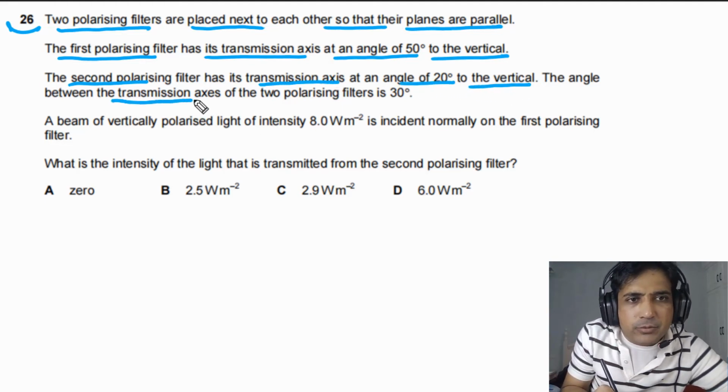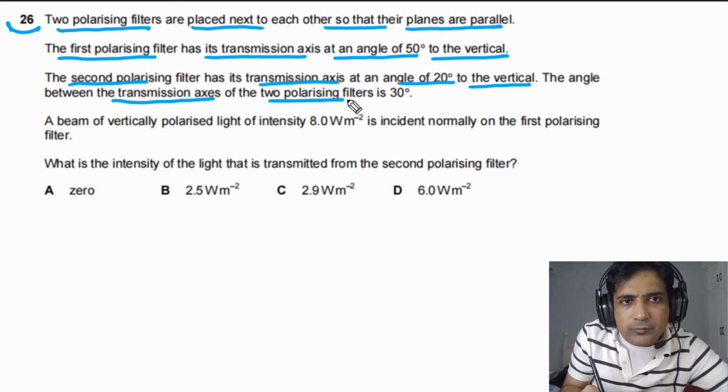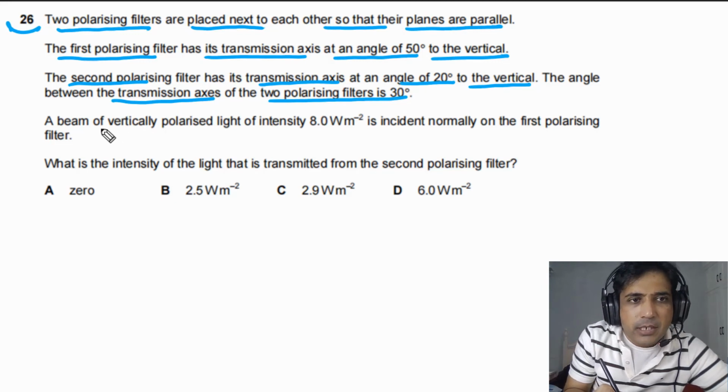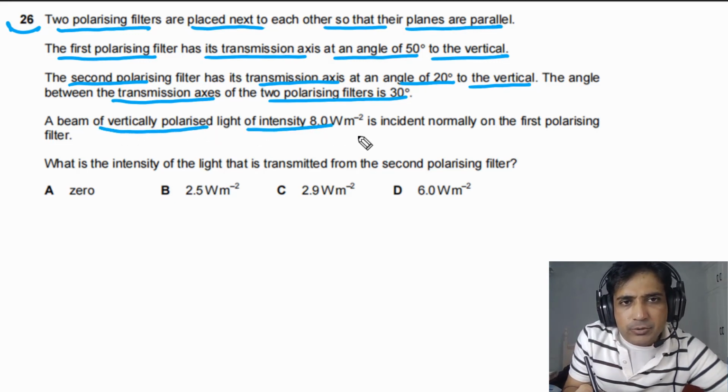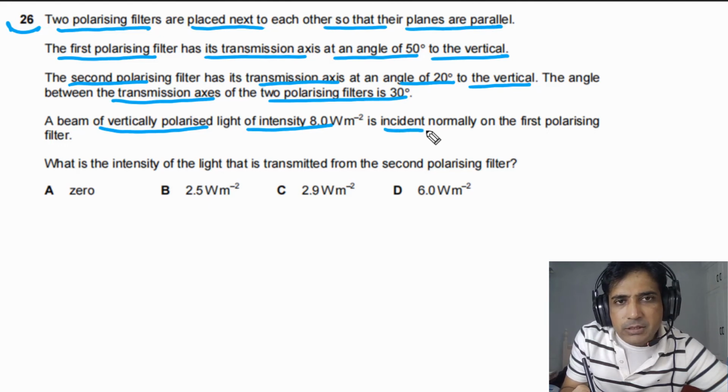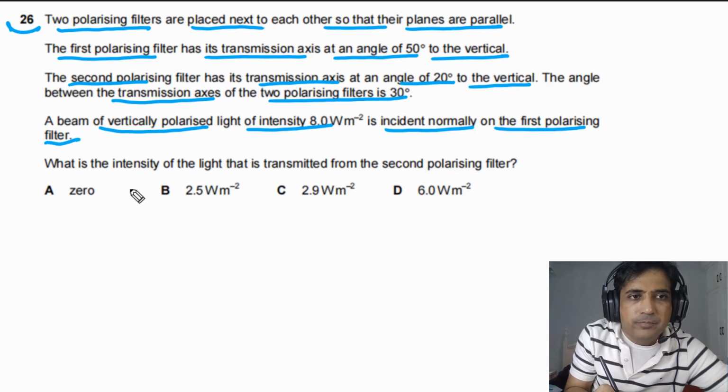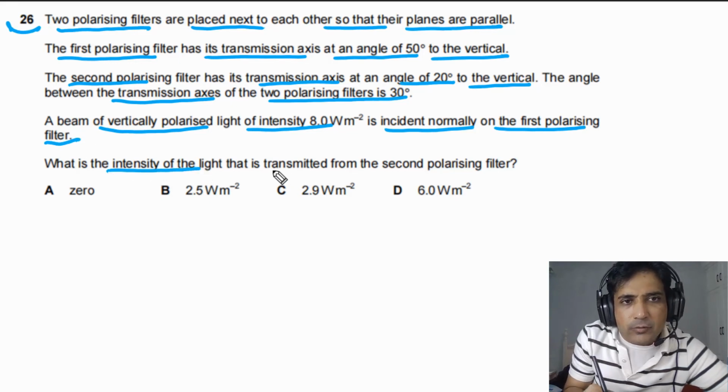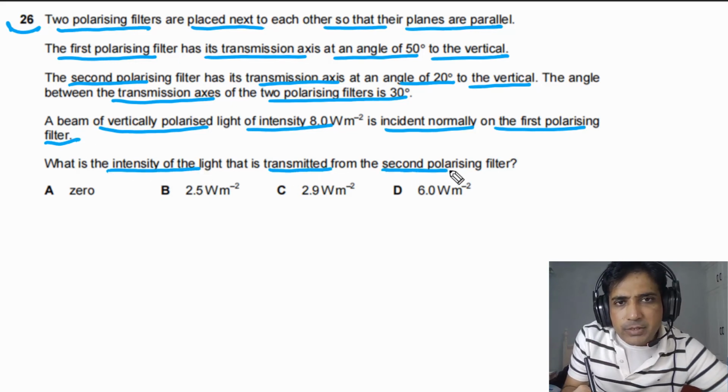The angle between the transmission axes of the two polarizing filters is 30 degrees. A beam of vertically polarized light of intensity 8.0 watts per square meter is incident normally on the first polarizing filter. What is the intensity of the light that is transmitted from the second polarizing filter?